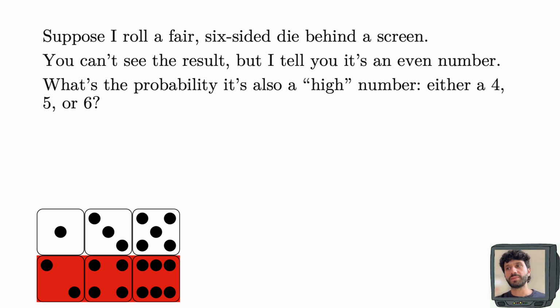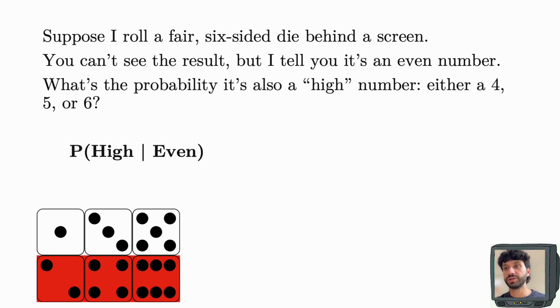Well, let's write that mathematically. So what's the probability that it lands on a high number given that it lands on an even number? So remember, given that it lands on an even number means that you assume that that happened. And so you're restricting your space to this red shaded part of the diagram, right? I told you it landed on either a 2, a 4, or a 6.